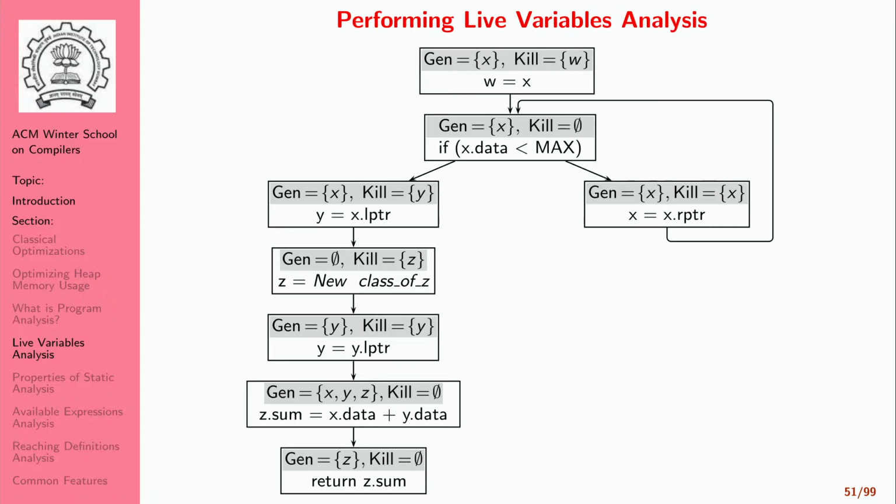What I am trying to say is, in this block, which are the variables whose values are read before being defined in this statement? Why? Z we are reading, because we are writing into the sum field of z, we are not writing into z. So let me show it pictorially.